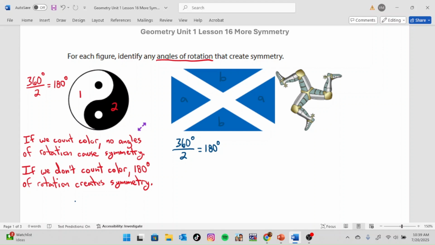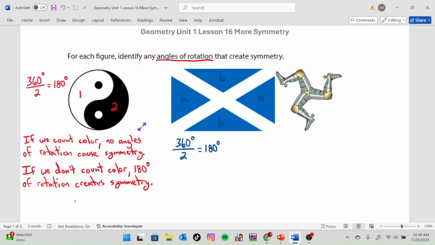So if I were to rotate this rectangle 180 degrees, the triangle I labeled A on the left would rotate around to where the triangle labeled A is on the right. The one on the right would rotate around to where the one on the left is.